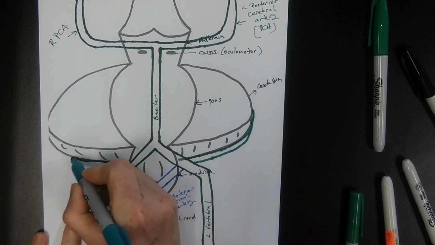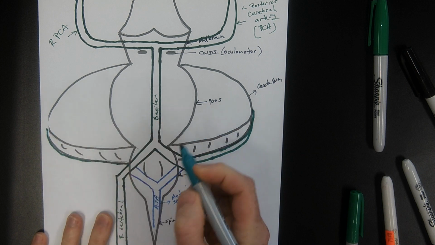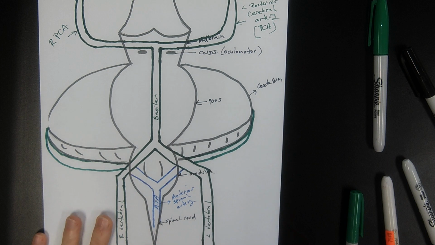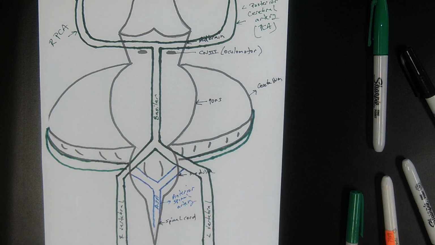And again, coming off the vertebral arteries on the left and right side, there are going to be two major blood vessels that supply blood to the posterior inferior surface of the cerebellum.